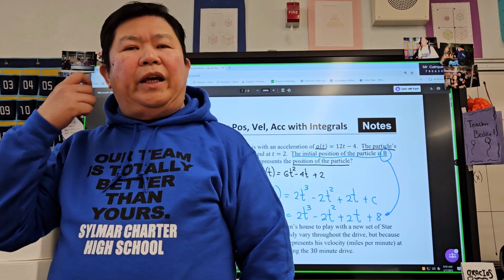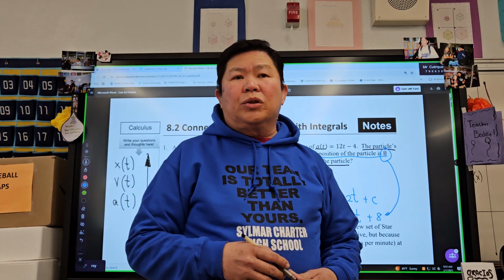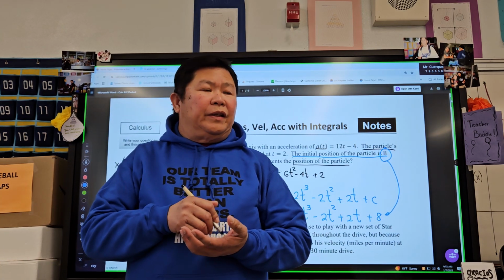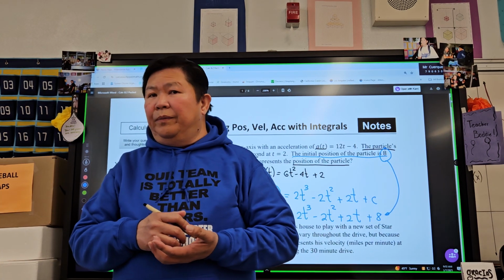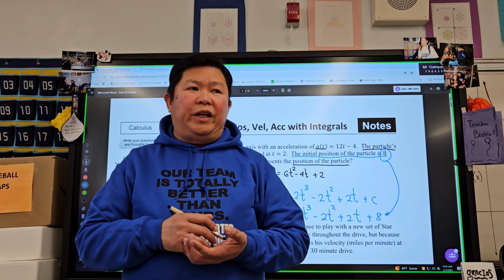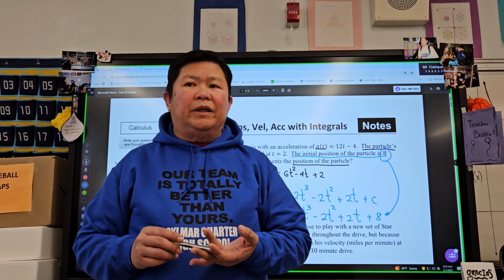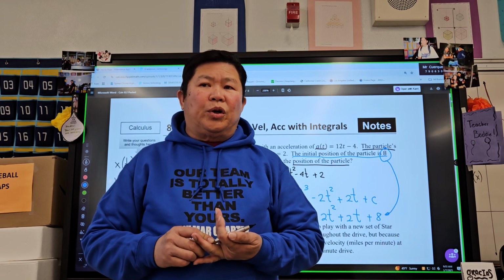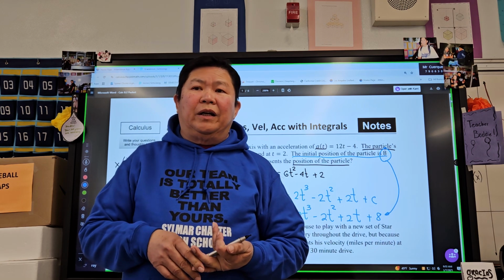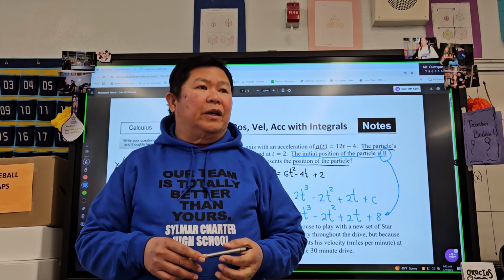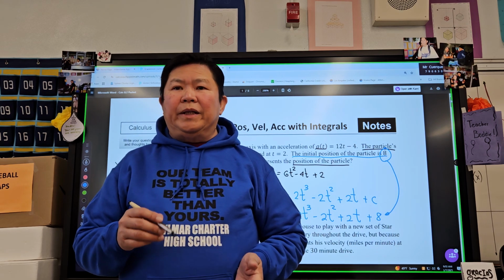Always, before taking the actual AP test, make sure your calculator is set into radian mode, because if it's not, you're ending up with a different answer. And if it is multiple choice, you'll be in trouble finding the right answer. Okay, so please have the calculator.